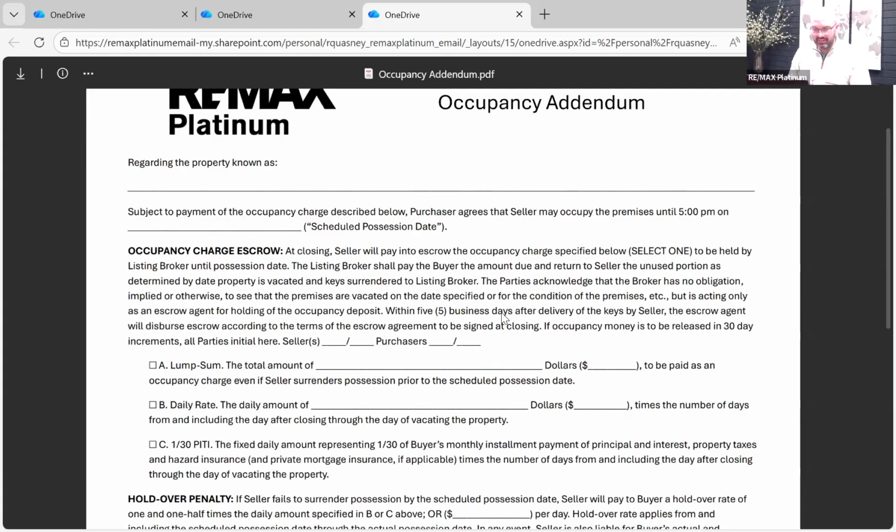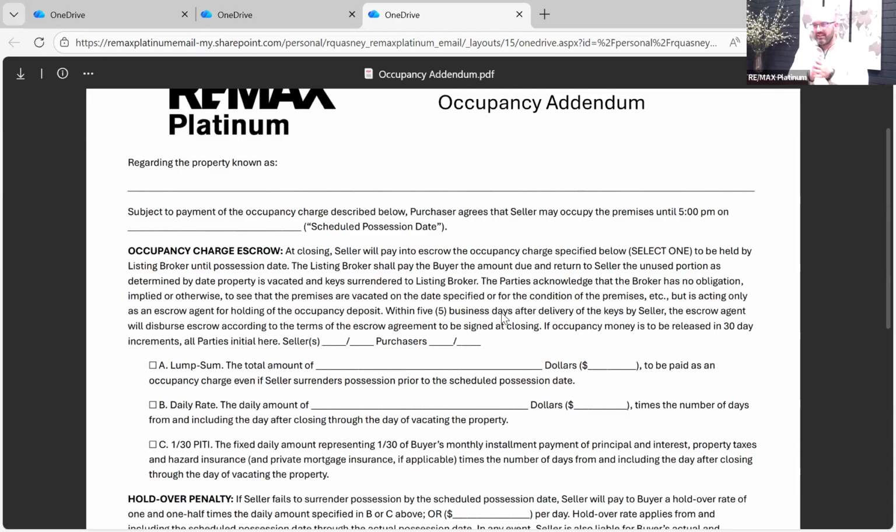I'm the lazy type that wants to think down the road. I don't want to have to change a bunch of things later. So, I don't want it to be that changing the closing date means I also have to change the occupancy addendum at the same time.